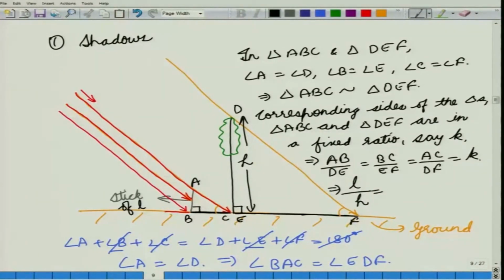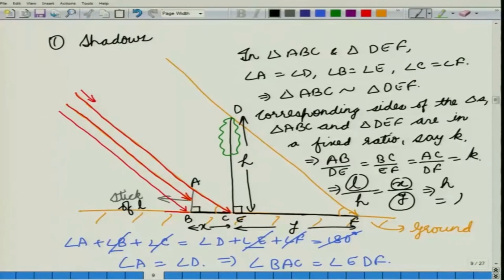Now, BC is the length of the shadow casted by the stick at this time. So, BC is equal to x. EF is the length of the shadow casted by the tree, say y. So, in this equation we know L, we know x and we know y. So, we can get h is equal to L into y upon x.